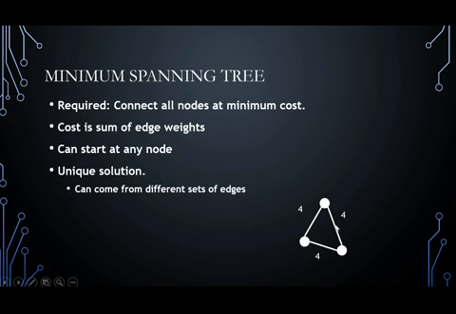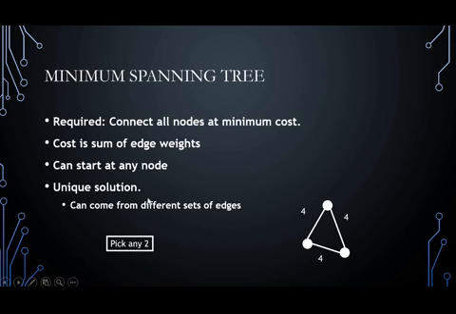I take the first and the third, the weight is 8. The spanning tree is not unique. You can get any one of them as your solution, but the weight of the spanning tree remains 8 only.